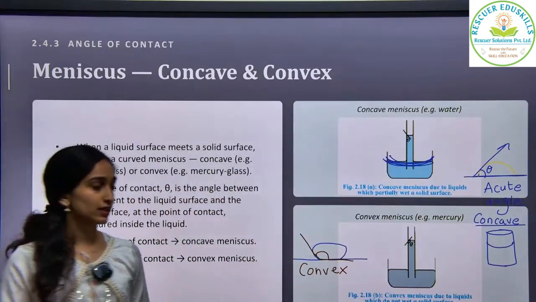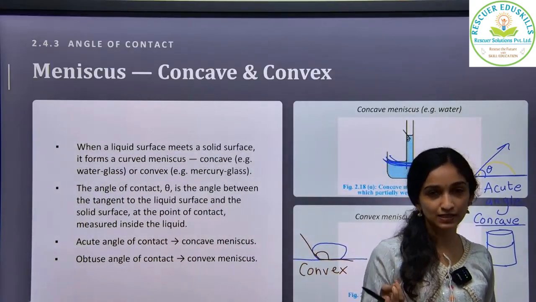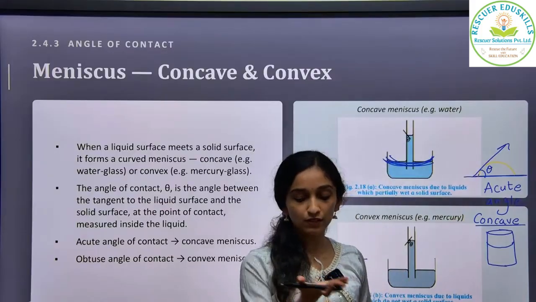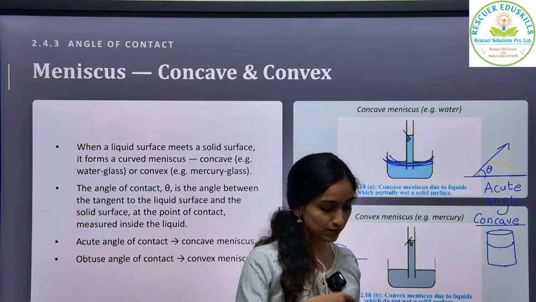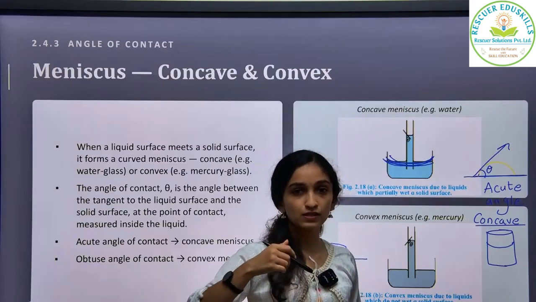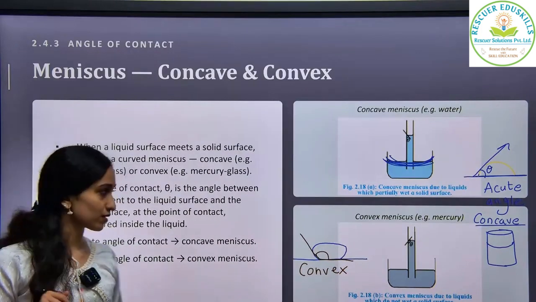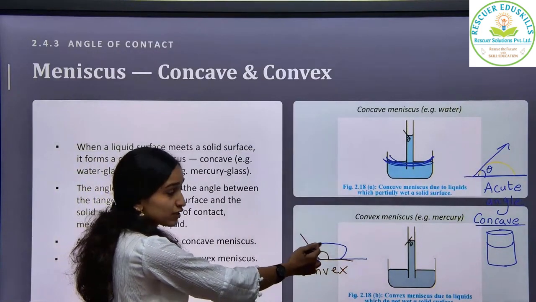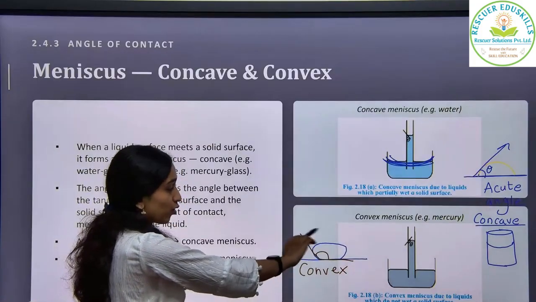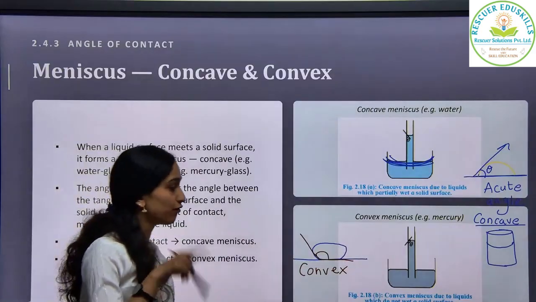If you have seen mercury, whenever you play with it, if you have taken it in your hand, or seen it on the surface, you can see that this mercury drop does not wet the surface. So this is the property: when this liquid makes an obtuse angle, these liquids do not wet the surface.